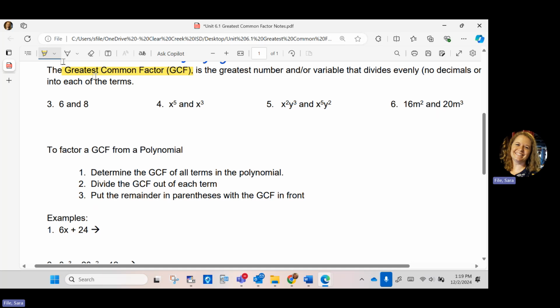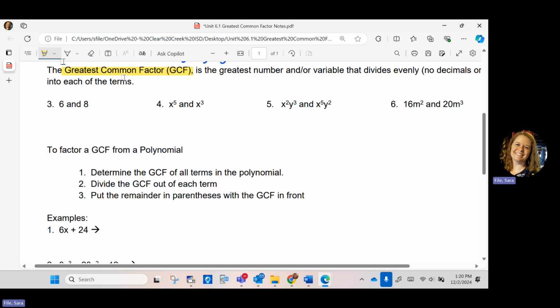We're looking for the biggest or largest. So we want the biggest term that's a factor. A common, if you have something in common with someone, it's the same. You do it the same, right? So we want the biggest number that's the same for both terms in whatever we're factoring out of.